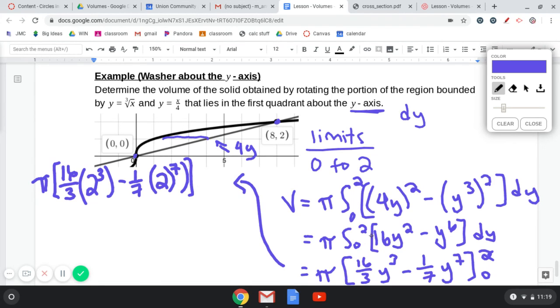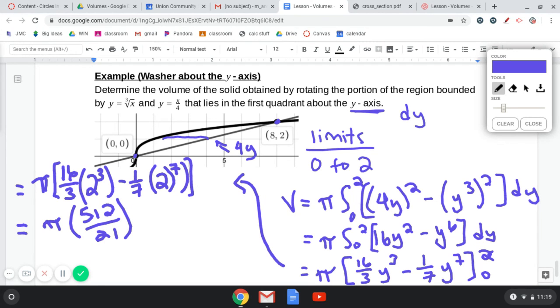And you would subtract when you plug in 0, but if you notice, everything turns to 0 there. So we're just left with what is right here. And when you simplify this, you get pi times 512 over 21.